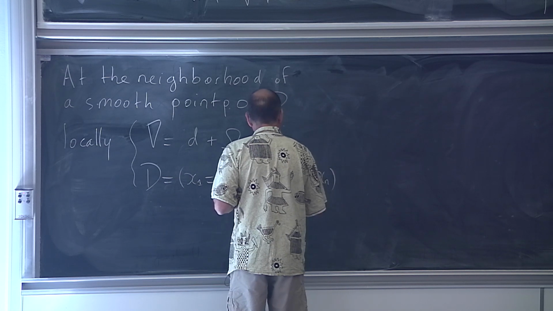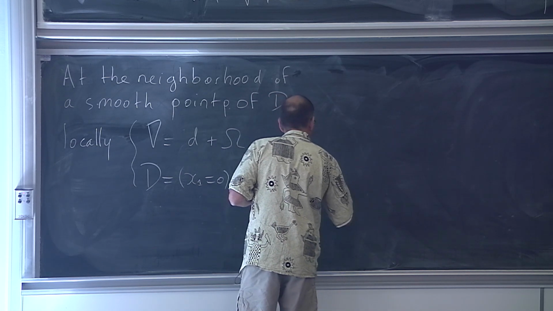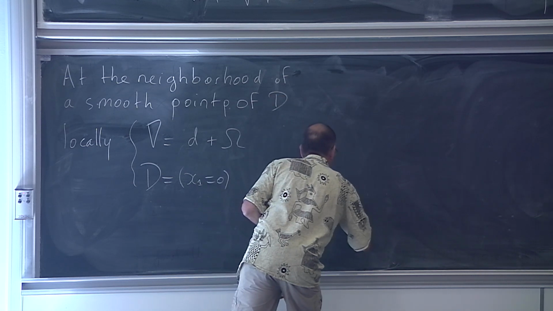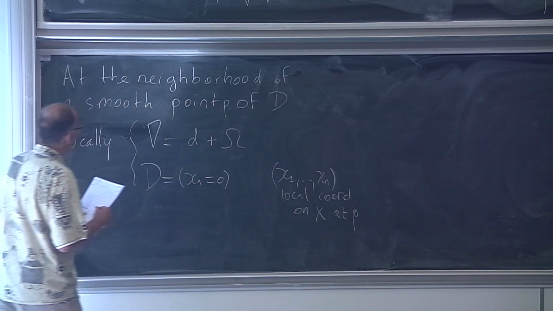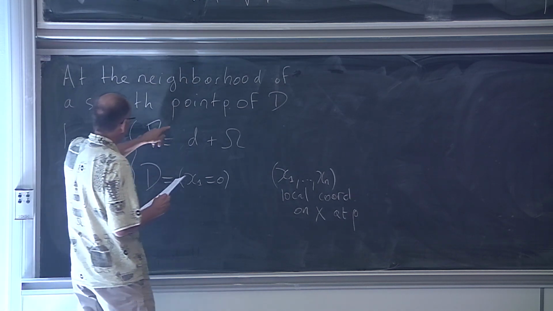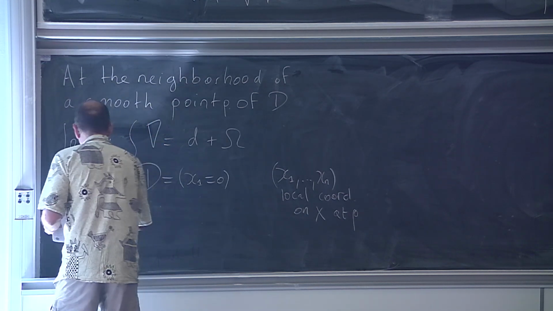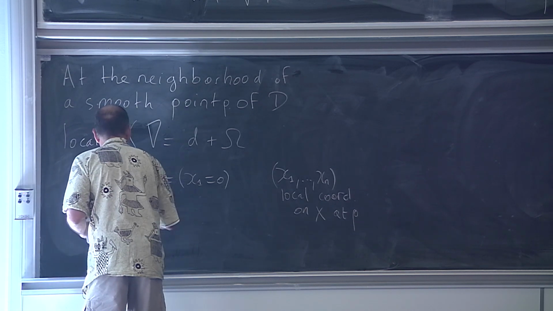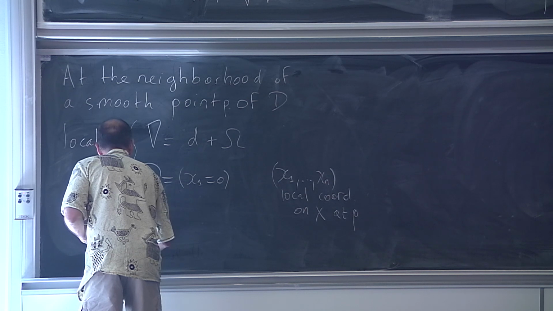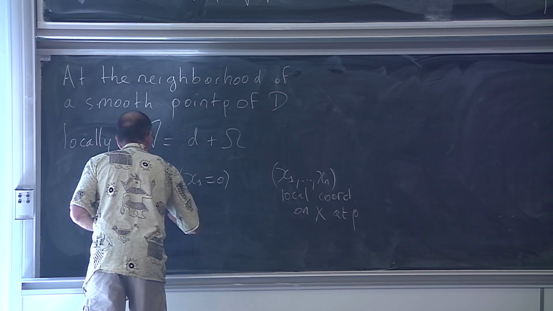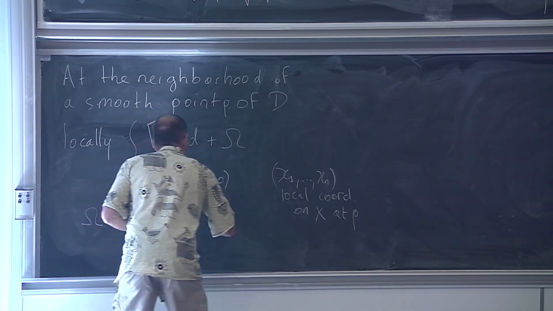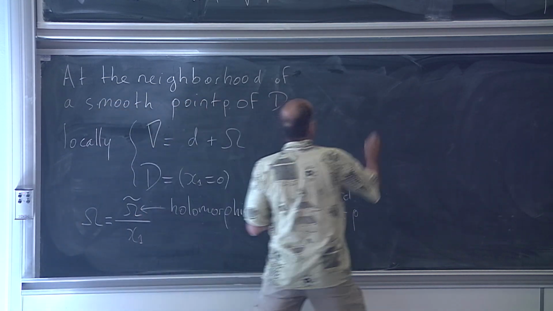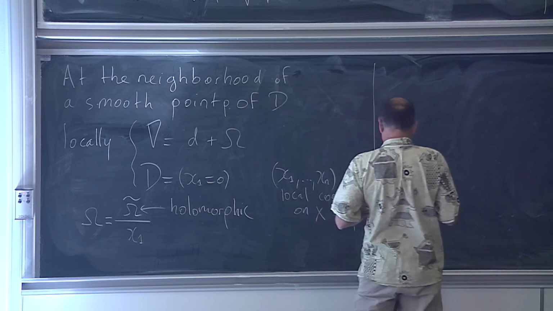So these are local coordinates on X at P. So locally, the divisor is given by this. And you have a matrix 1-form omega, which is of the form omega tilde over x1, with this being holomorphic. Then we have the following proposition.